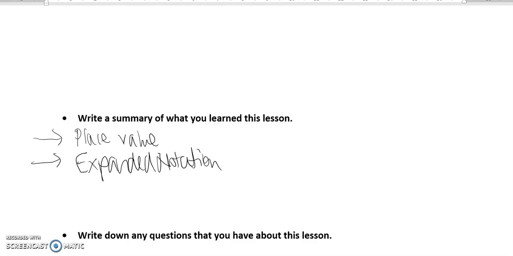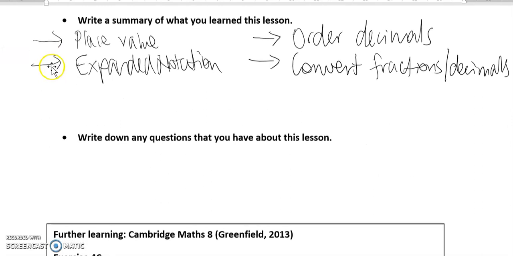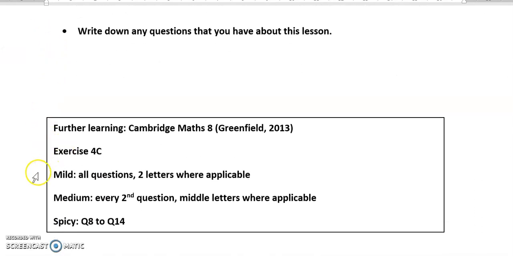You might write down that we need to know how to order decimals. You might write down that we need to know how to convert decimals. Okay, convert fractions to decimals. Okay, you write down some others. And then once you've done that, please have a go at 4C.